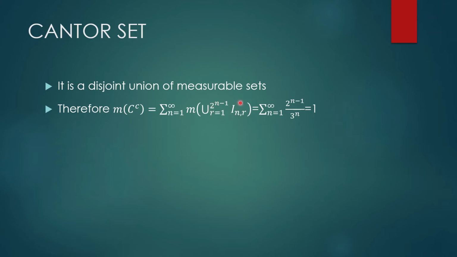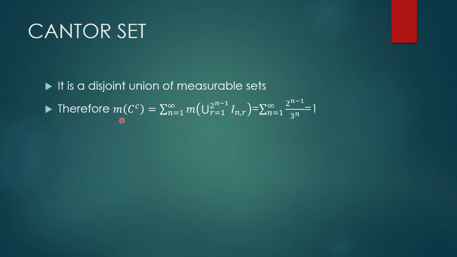How many intervals do you remove? 2 to the power n minus 1 intervals, each of length 1 upon 3 to the power n. Summing them gives 2 to the power n minus 1 divided by 3 to the power n, and the summation over n from 1 to infinity is a geometric series with sum equal to 1.